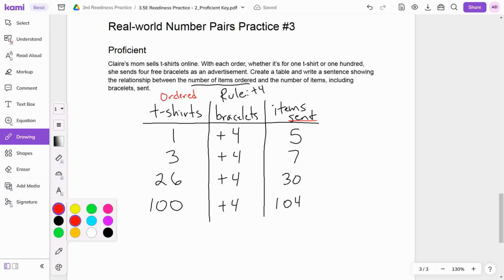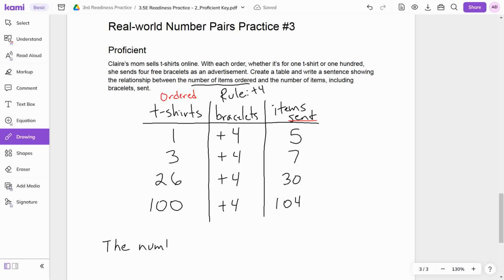And how do I get from order to sent? 1 to 5, 3 to 7, 26 to 30, 100 to 104. I add 4 because Claire's mom keeps putting in 4 extra bracelets. All right? So I can say the number of t-shirts ordered.